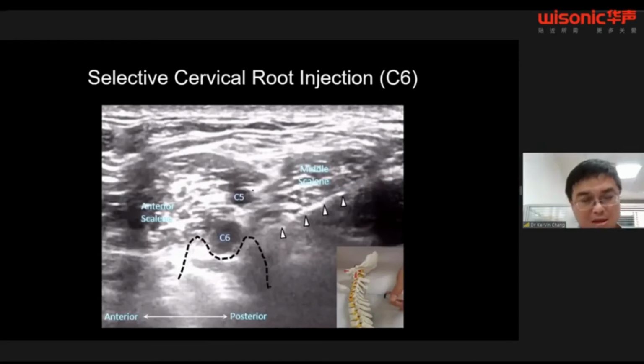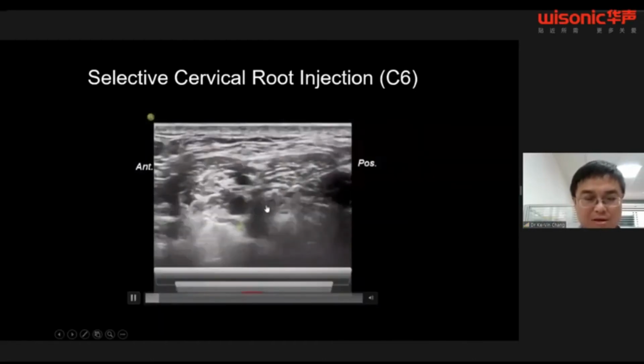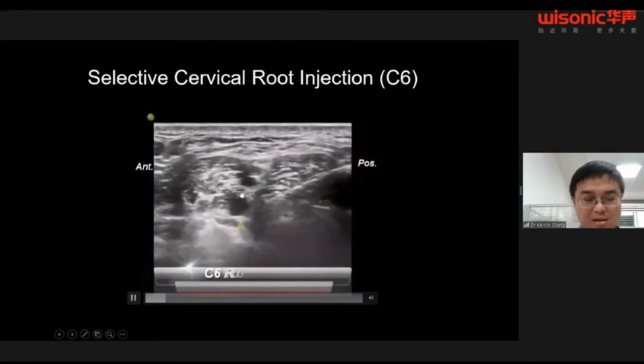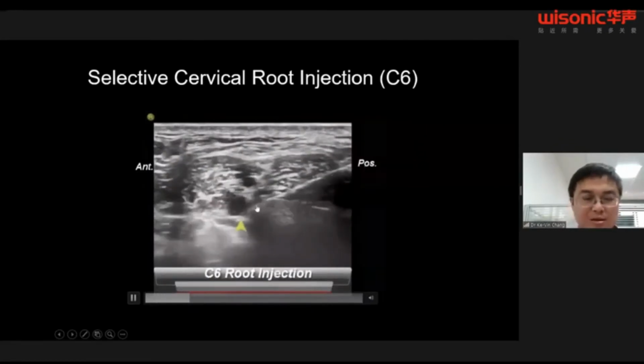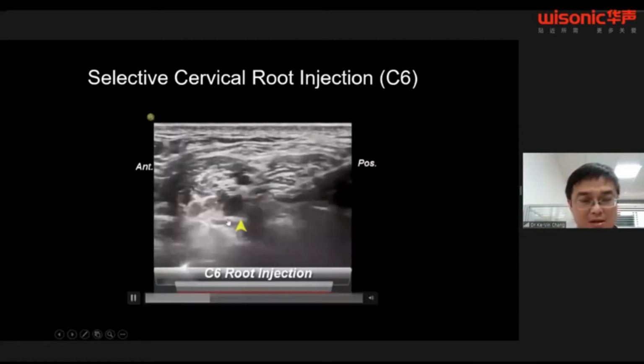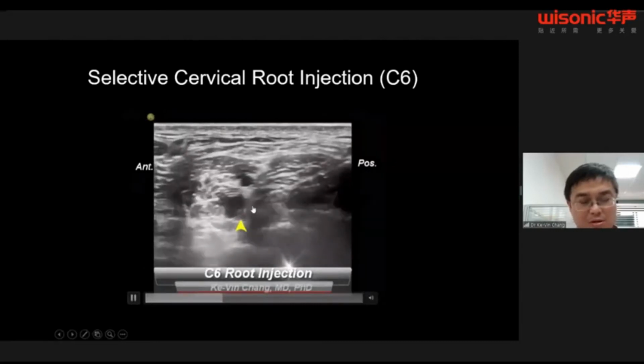So when we do the injection, just like what I emphasized before, we usually insert our needle posterior to the cervical nerve root and anterior to the posterior tubercle of the transverse process, because this can prevent us from hitting the vertebral artery. So this is how we do the injection.